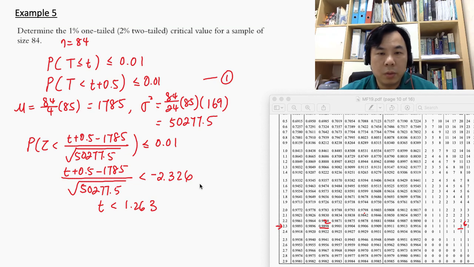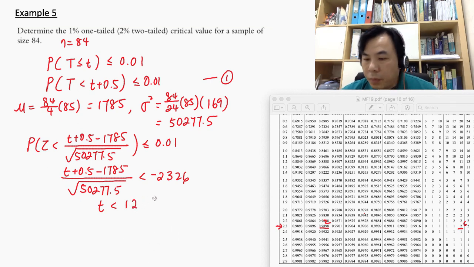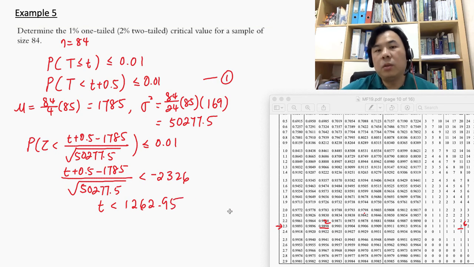So the correct one should be 2326 there. And then therefore this number here should be 1262.95 to be precise.